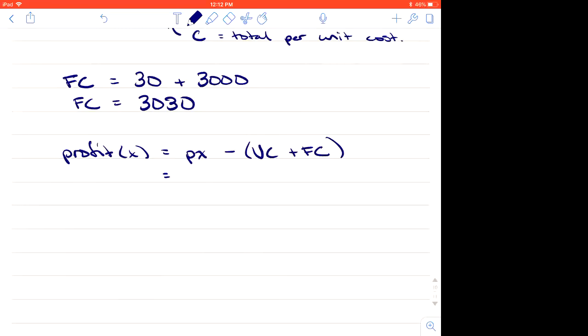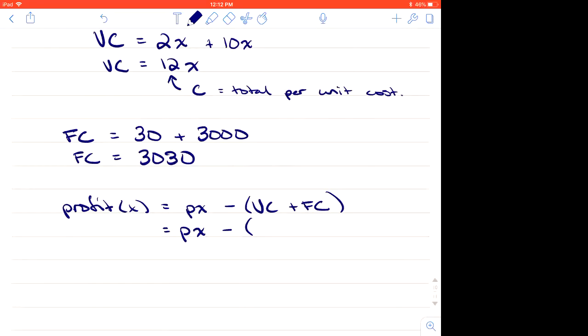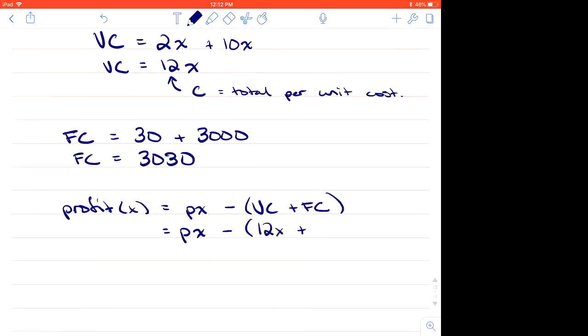We don't know P. P, remember, is the amount that we sell the item for. I don't see it anywhere in the blurb, and so even though I give it to you later on in part C, you don't know what it is. So that's fine, we just leave it as P. So we have PX minus the variable cost was 12X plus 3030.